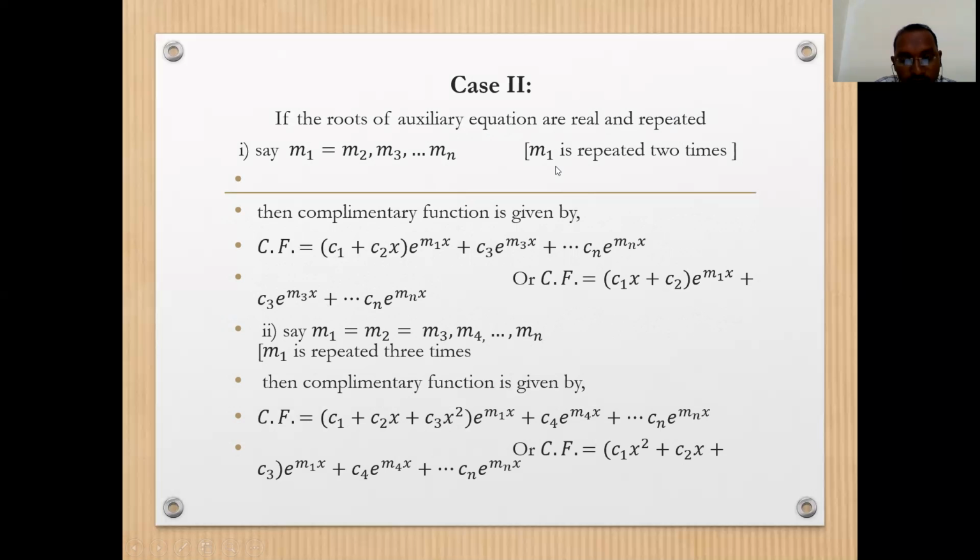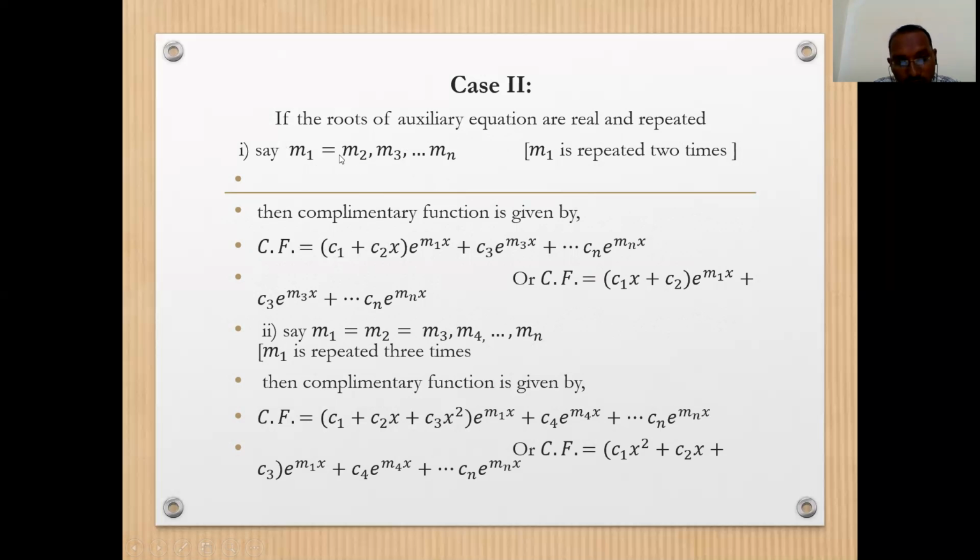Okay. We are taking the general equation, and the degree of the auxiliary equation in general form is n. So that equation has exactly n roots. Here we are taking case second. In case second, the roots of the auxiliary equation are real and repeated. Out of these n roots, we are assuming the first two roots are equal.